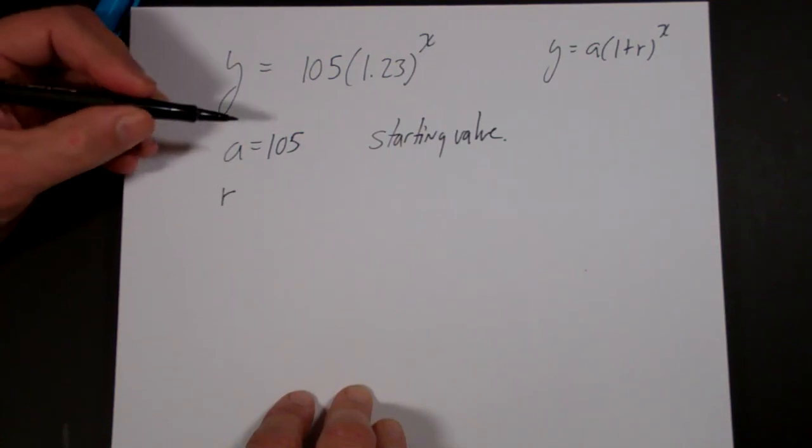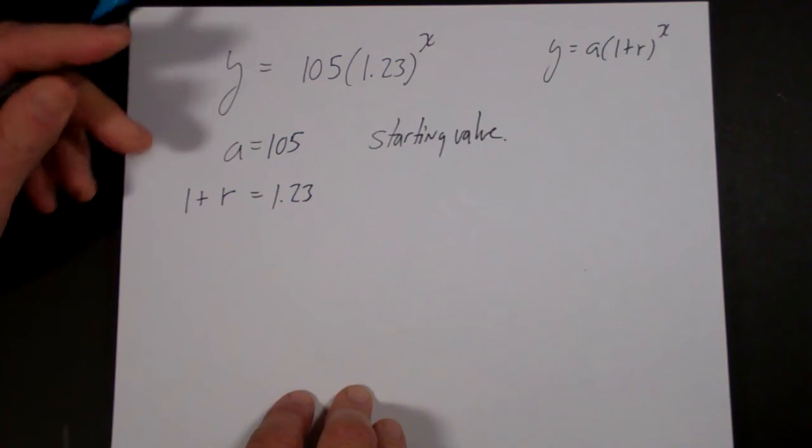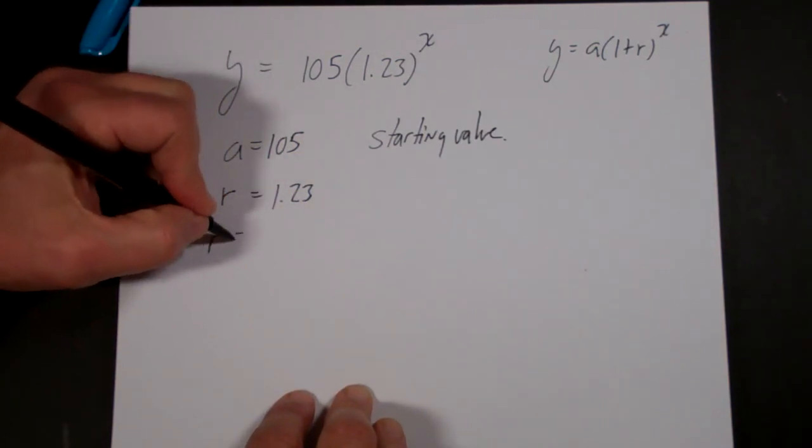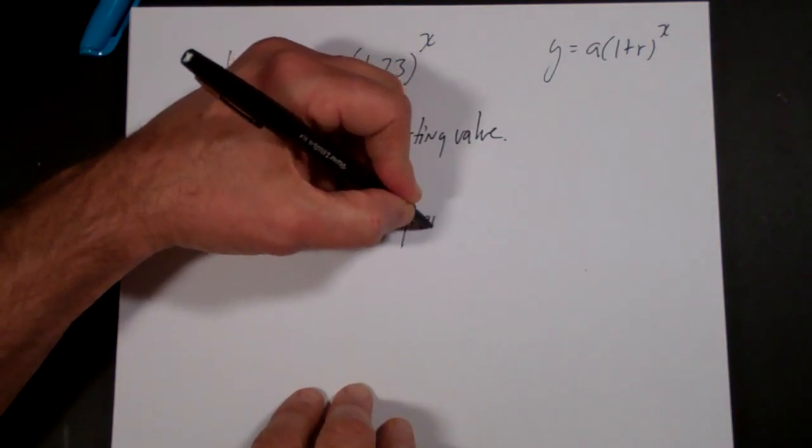r here, well, 1 plus r is 1.23. So if you subtract 1 from both sides, you get r is equal to 0.23. And that's a growth rate of 0.23.